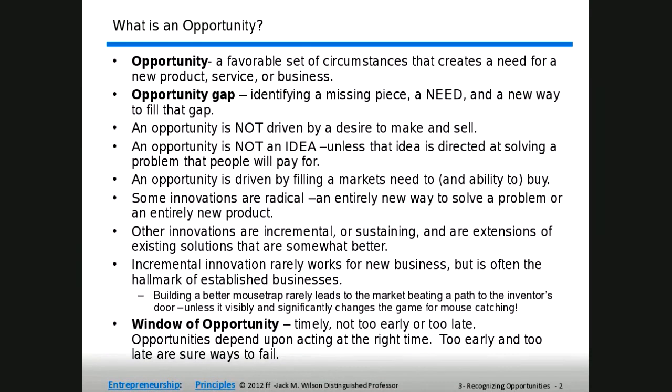Technology is often identified with opportunities because technology keeps developing new ways to solve problems that may have existed for a long time, or even things that people didn't even know that they needed. So suddenly we have a new technology to do that.